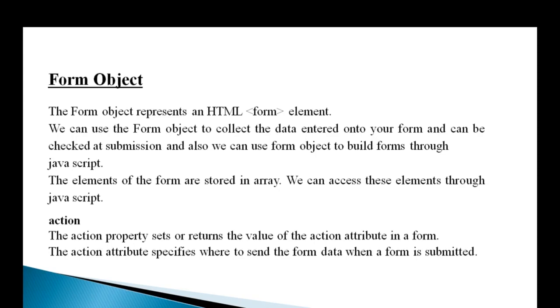All these we learned about in the first classes on forms. We can use the form object to collect the data entered on your form, which can be checked at submission, and also we can use a form object to build forms through JavaScript.